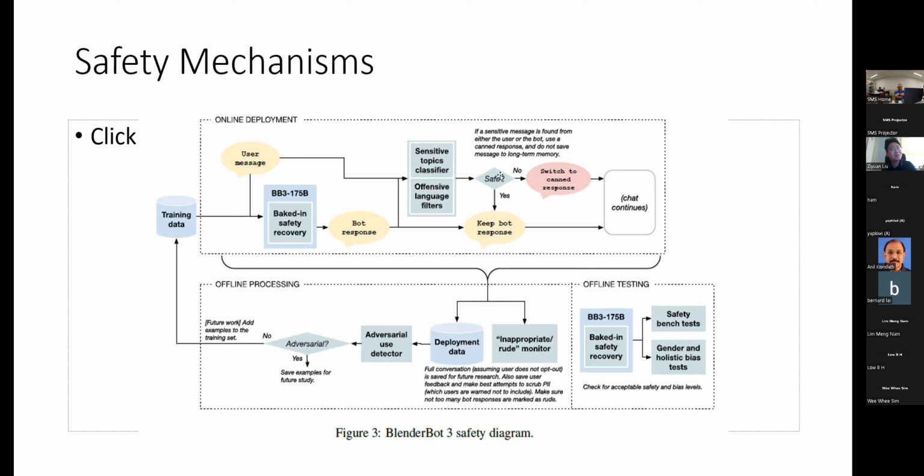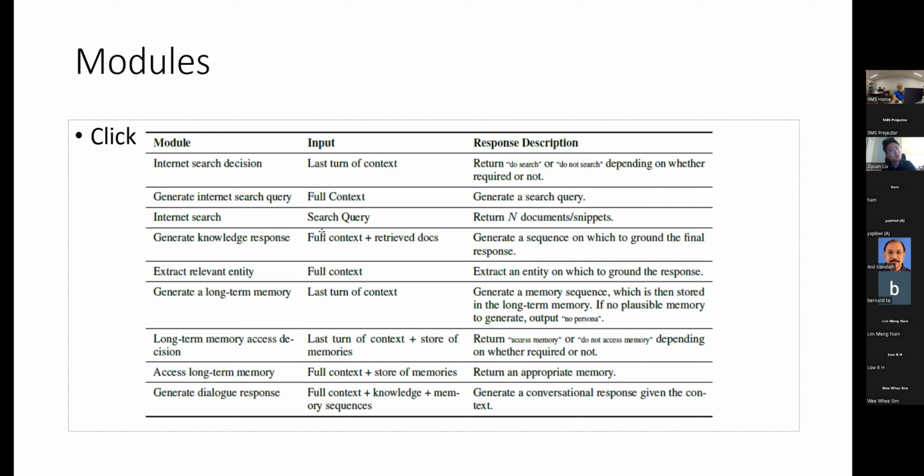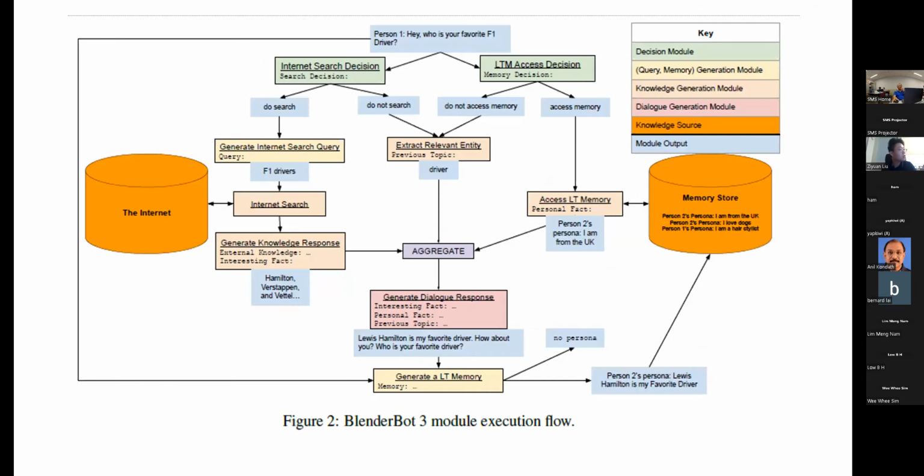If the user says, do you like football, it's probably a safe question. But if the question is like, do you hate people of a particular race, that would probably be an unsafe question. So in that case, it would switch to a canned response.